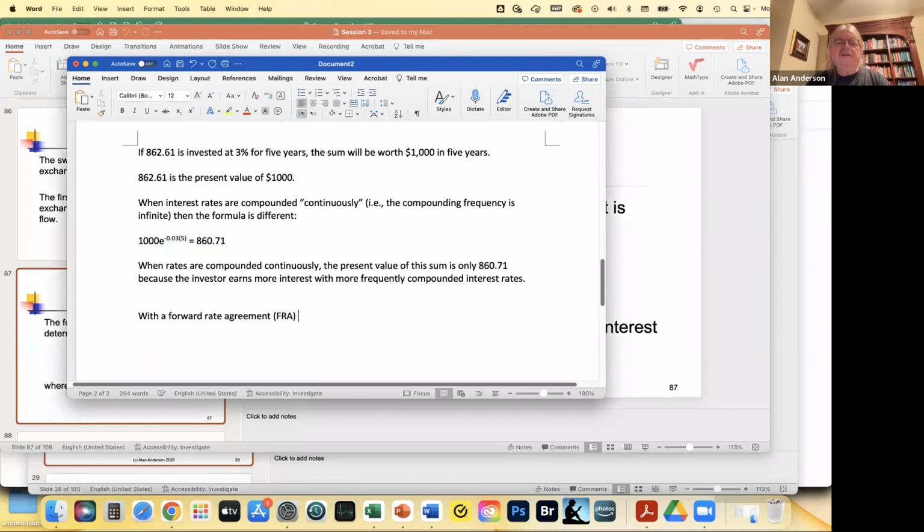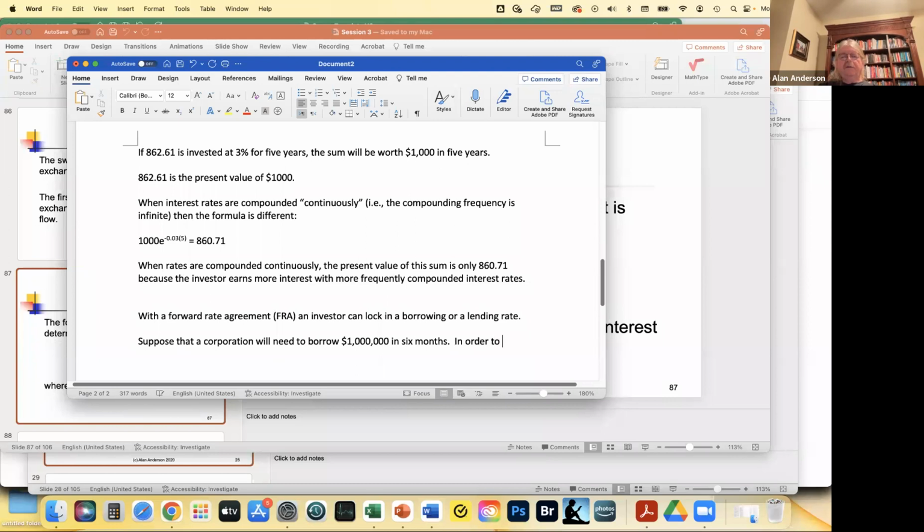The title is slightly different, but an investor can lock in a borrowing or a lending rate. So in other words, let's say, for example, suppose that a corporation needs to borrow $1 million in 6 months.